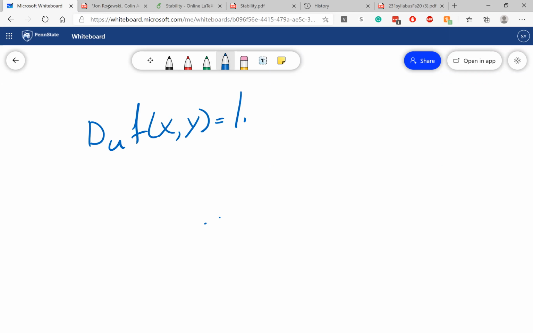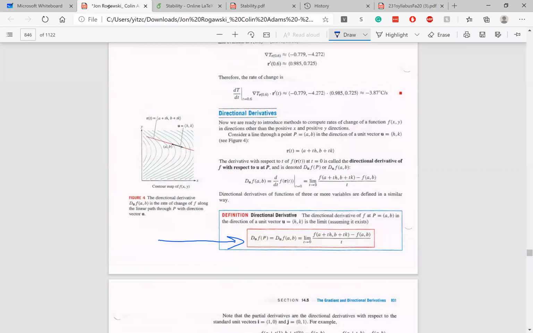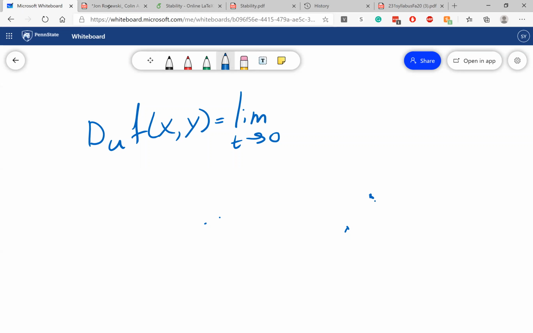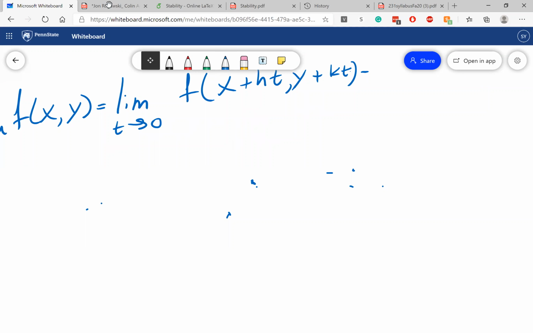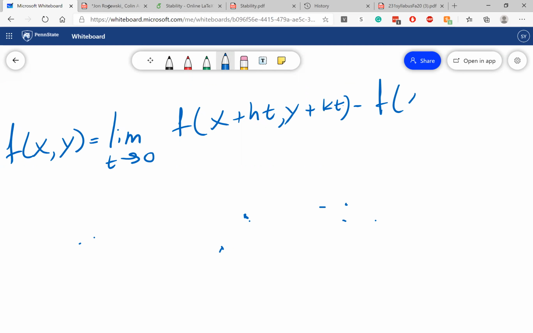That would be the limit as t goes to 0 of f of x plus ht, y plus kt, minus f of x, y, all of this over t.